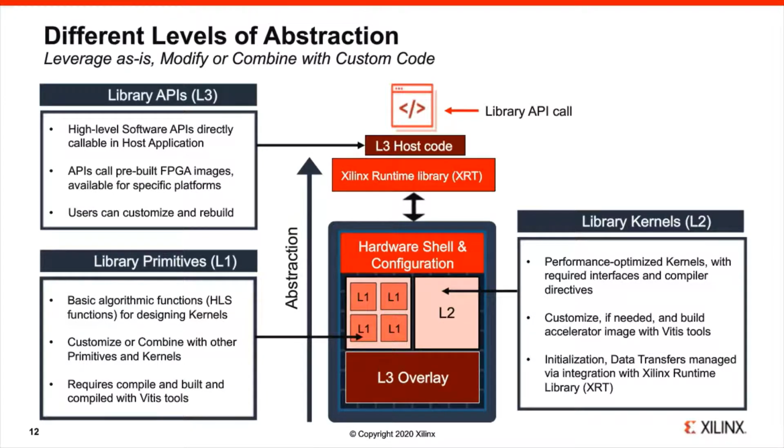You can then, of course, customize and rebuild these level 3 functions with any specific changes required for your own unique applications. In summary, you can use the Vitis libraries as is, as algorithmic building blocks, modify them to suit your specific needs, or use the source code simply as a reference to completely design your own kernels. Choose the flexibility that you need.